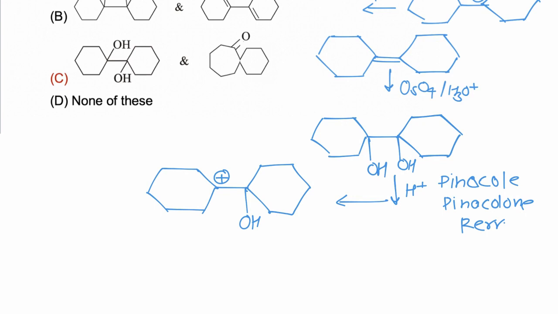Now this ring will expand to give a comparatively more stable carbocation, which will be stabilized by the alpha effect of oxygen. So now the 6-membered ring will be converted into a 7-membered ring.